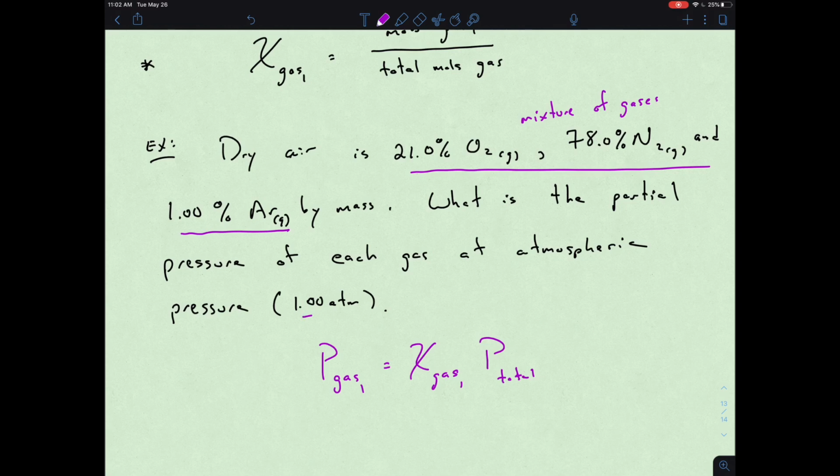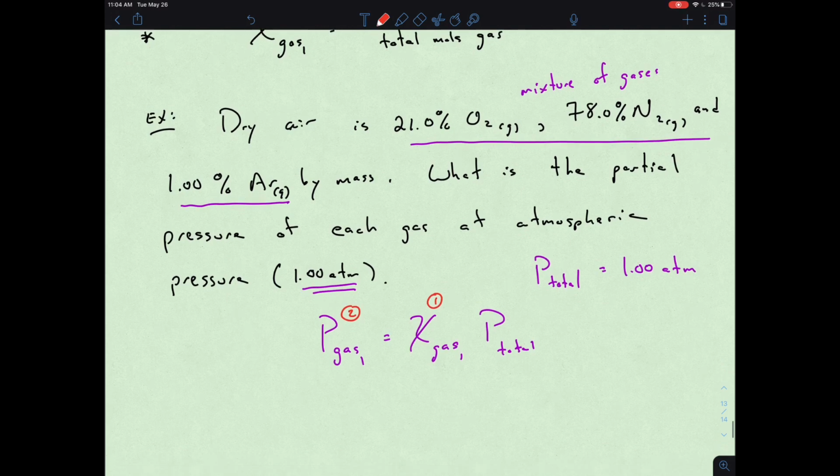I know the total pressure is 1 atmosphere. So basically what I need to do here is first solve for my mole fraction. And then with the mole fraction, I can now solve for the individual pressures of the gases.